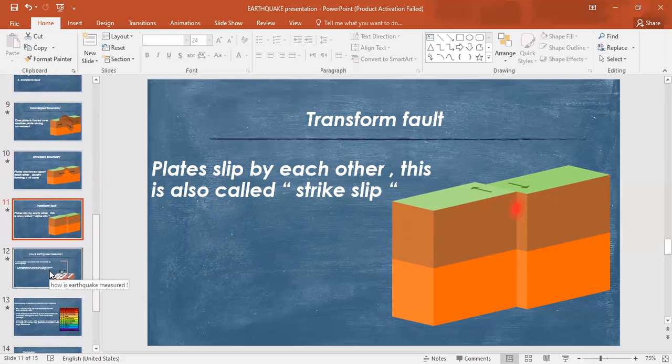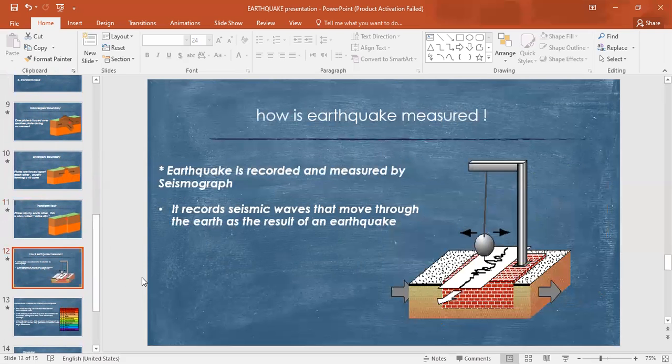So let's see how scientists study earthquakes, how they measure them. Earthquakes are recorded and measured by a seismograph, also called a seismometer. It records seismic waves that move through the Earth as a result of an earthquake.